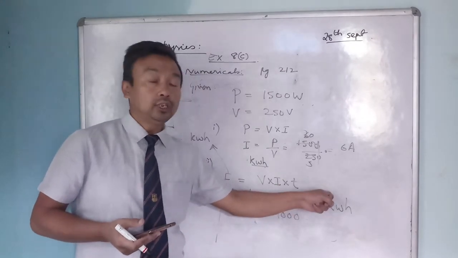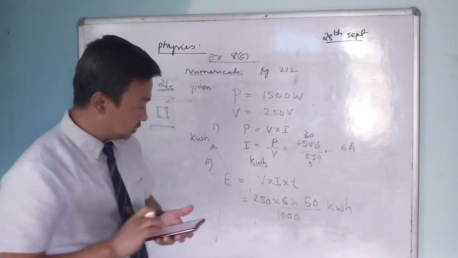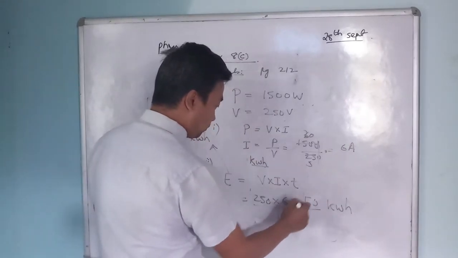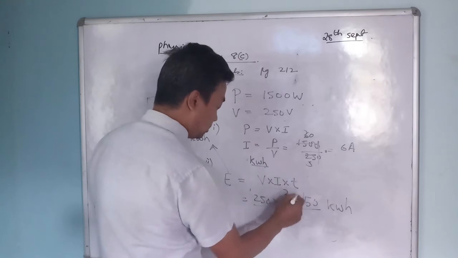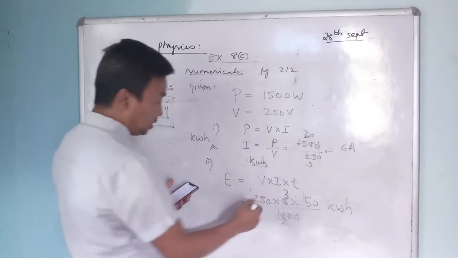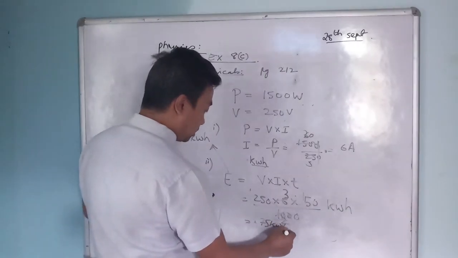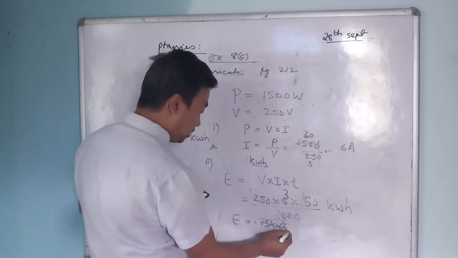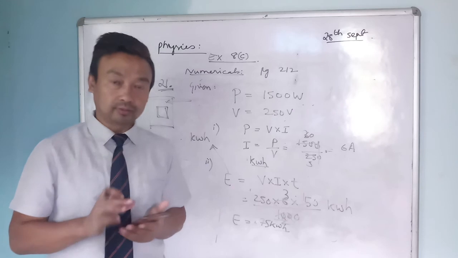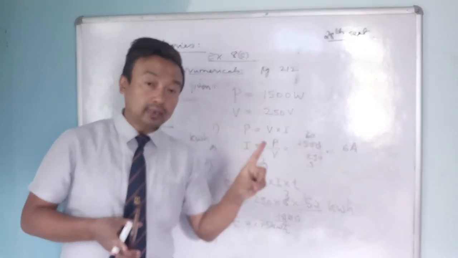When you change watt into kilowatt, you have to divide by 1000. After doing the division, if you multiply this, it will be 75 kilowatt hour. That means it will consume 75 units, because 1 kilowatt hour is 1 unit.